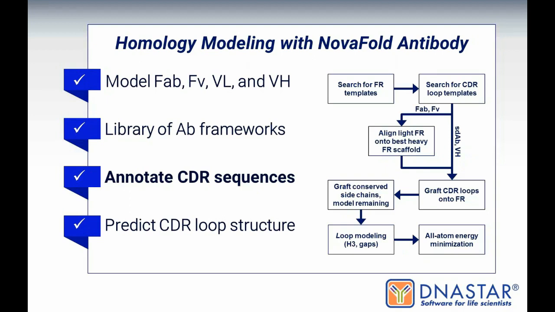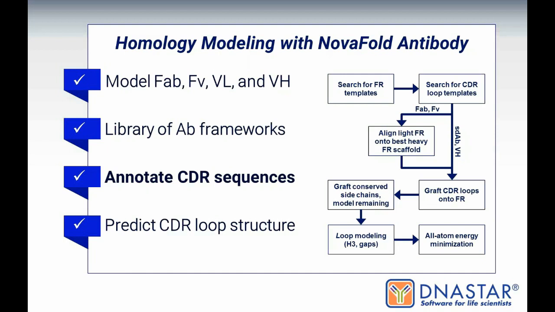It will automatically annotate major features such as the CDR loop sequences and can predict CDR loop structures via multiple approaches, including from a canonical loop library and ab initio methods for the H3 loop, and also using a machine learning approach that we'll discuss next.